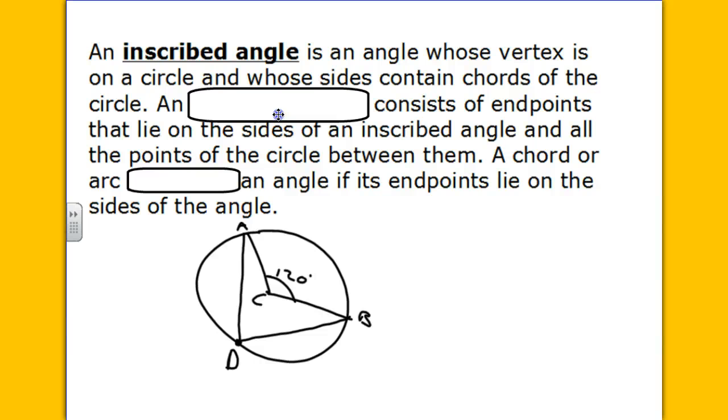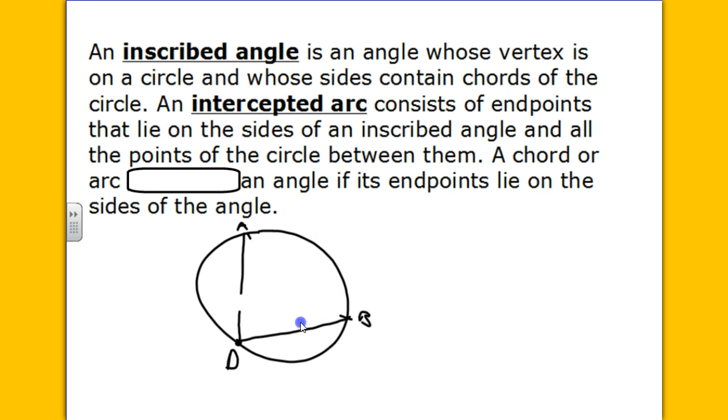So let's complete this. What should be here and what consists of endpoints? An intercepted arc consists of endpoints that lie on the sides of an inscribed angle. So that would be arc AB, and all the points of the circle between them. I'm going to erase the central angle just because we don't need it right now.